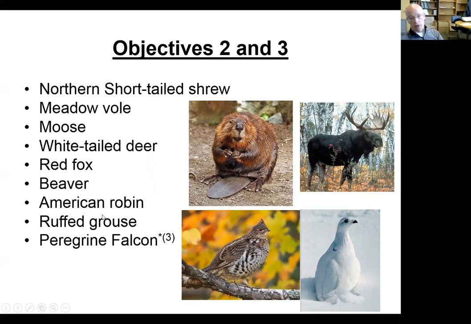And then you've got two bird species chosen, robin and ruffed grouse. And finally, this was the only rare or endangered species identified in the Sudbury area, the peregrine falcon. So with respect to objective 3, it was the peregrine falcon that was chosen. There was no other rare species in this instance.